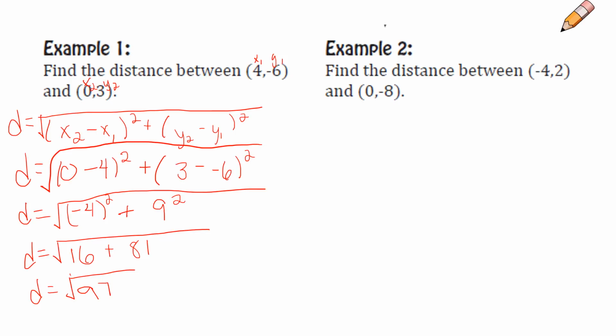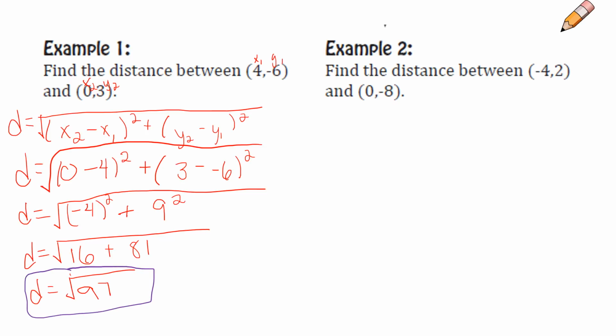So now we have d is equal to the square root of 97. And it's at this point that we would want to look for any factors that are perfect squares that go into 97. But for this particular example, this is as simplified as we can go. There are no perfect squares that are a factor of 97.